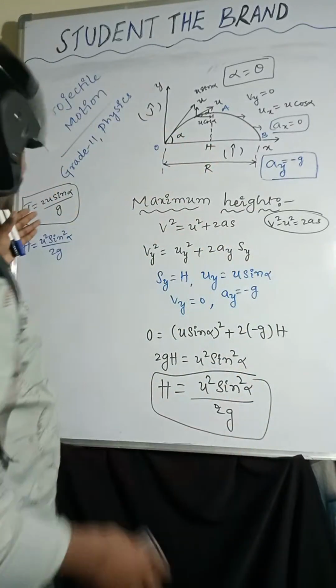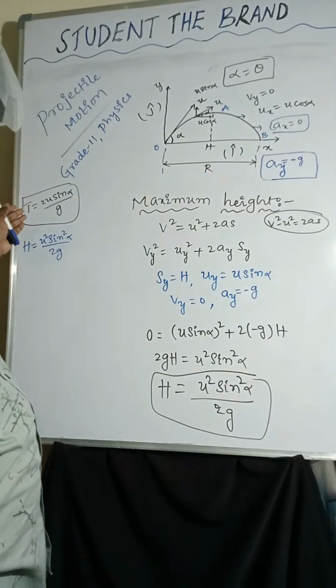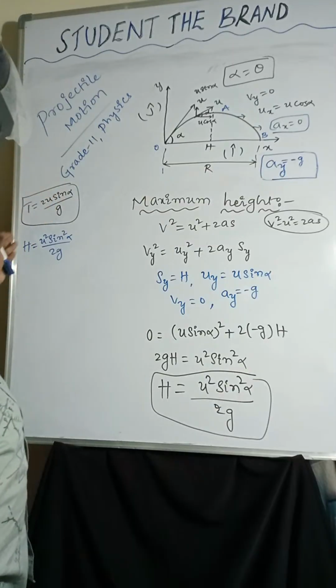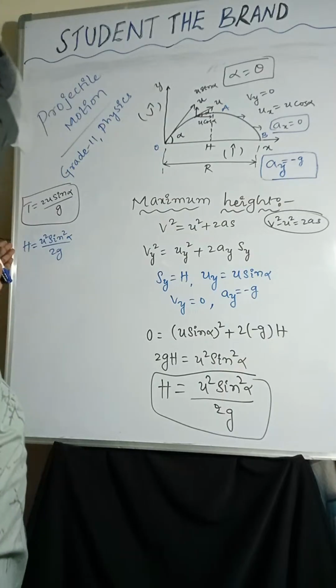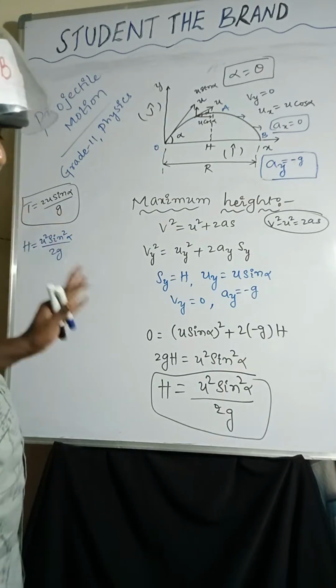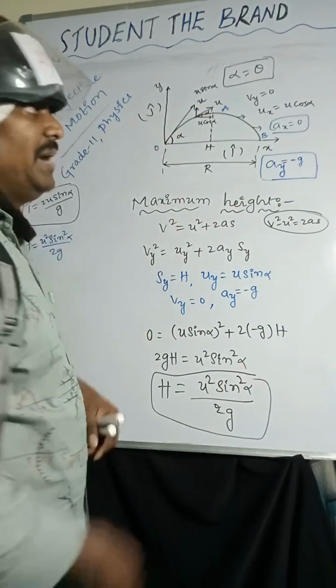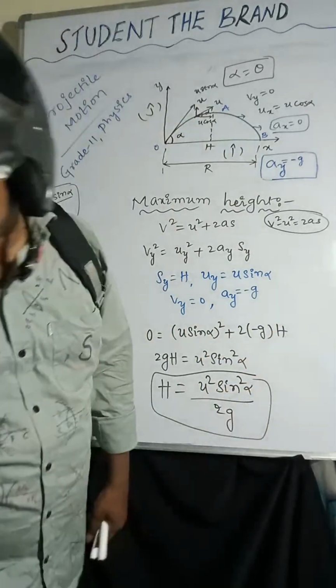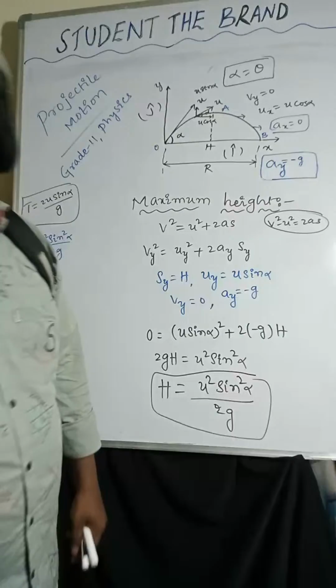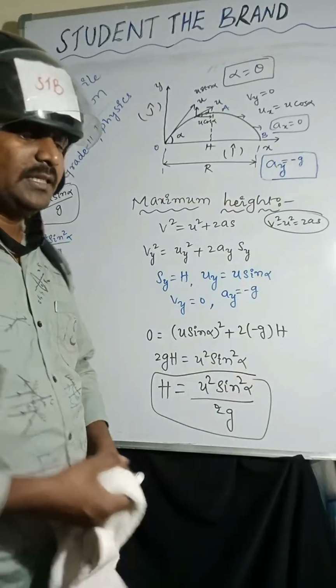So I wrote these two equations. Initially you got time of flight 2u sin alpha by g, and the maximum height u square sin square alpha by 2g. Now we will find out maximum range. Is it clear?